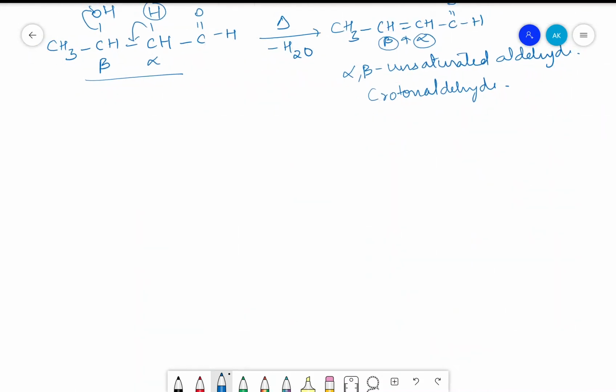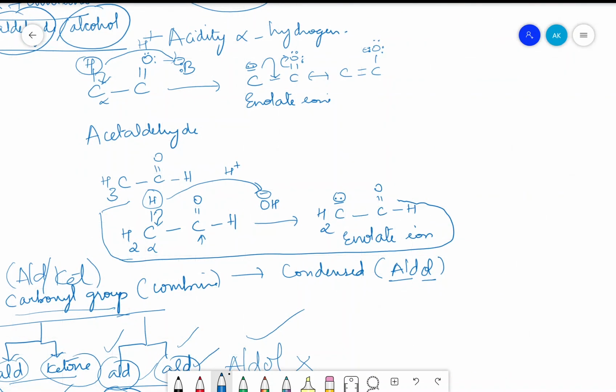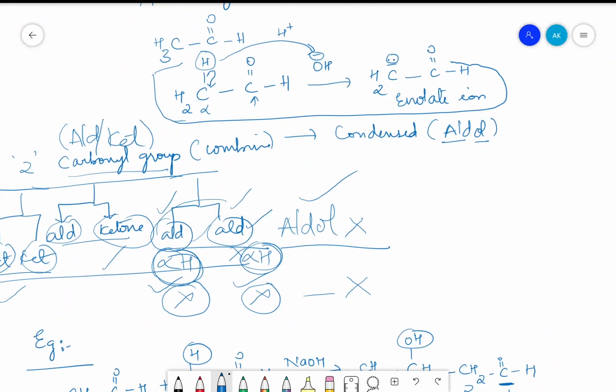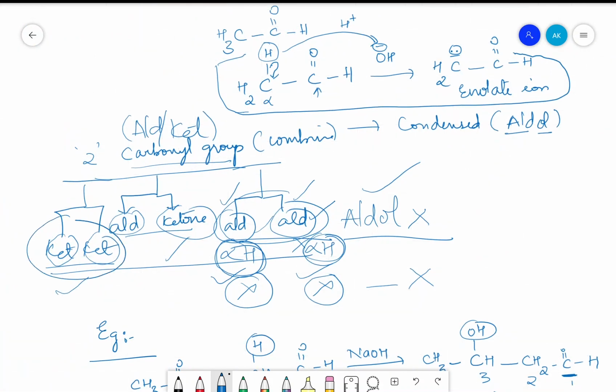Now in the beginning we talked about how the condensation can happen between two aldehydes. It can also be between two ketones or an aldehyde and a ketone.